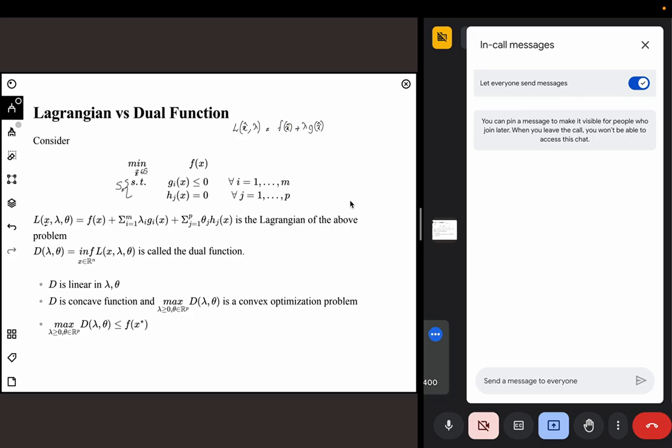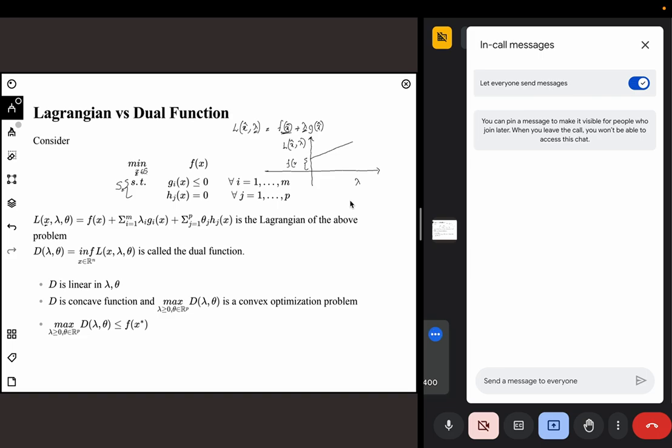So x hat is some fixed value. If I plot this as a function of lambda, this is my L of x hat comma lambda. So what will this function look like? f of x is my intercept, so it will be some function, something like this.